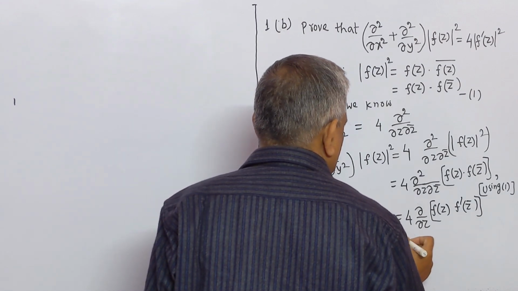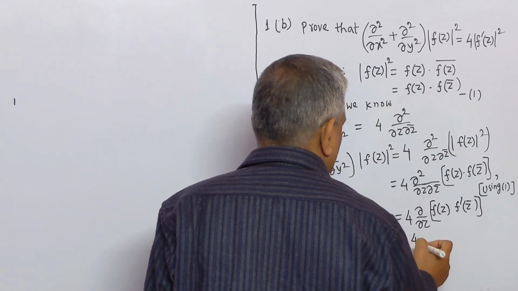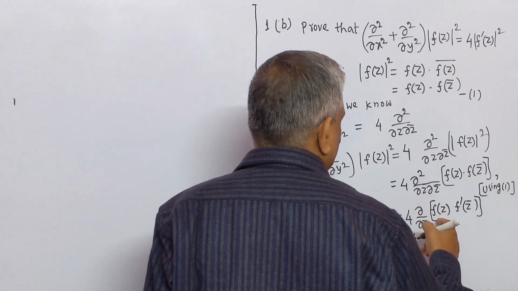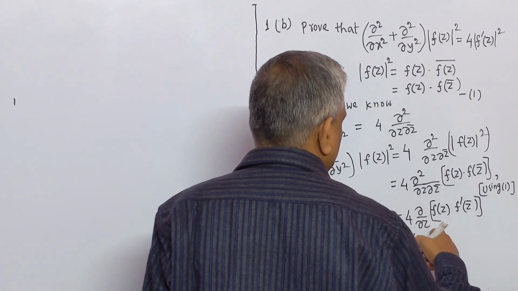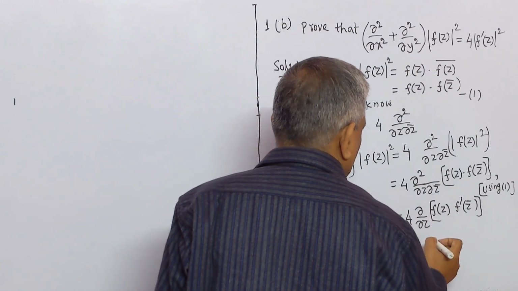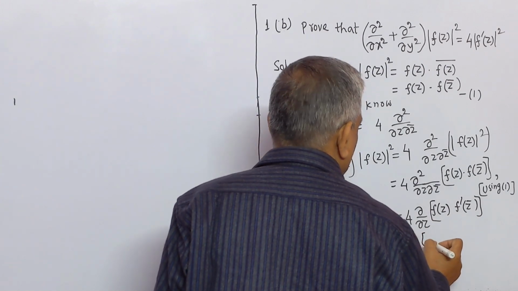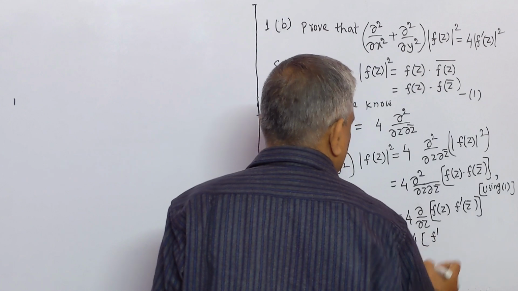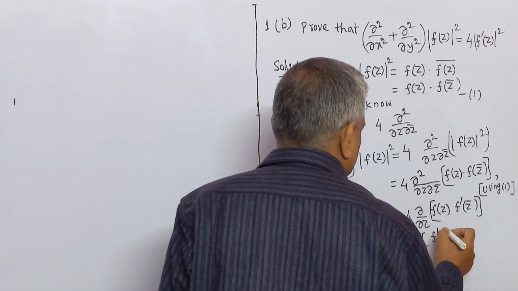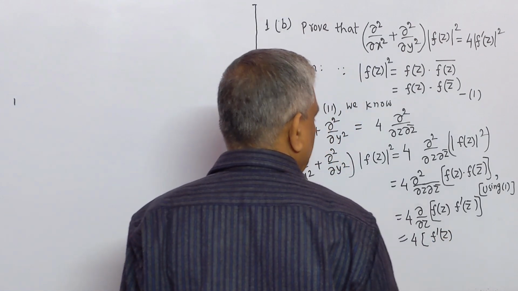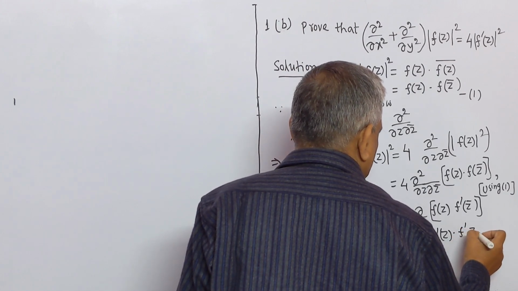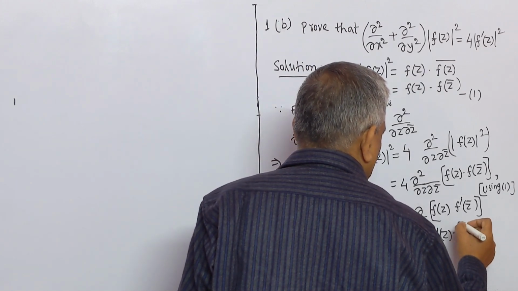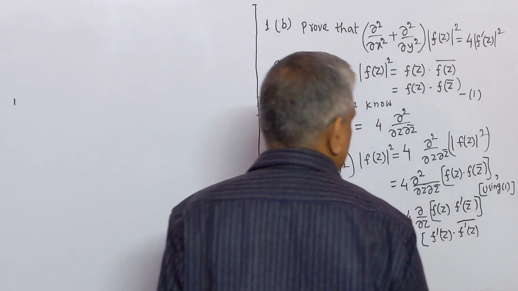And this will be equal to 4. Now we differentiate this with respect to z partially. So this will be 4 f prime z, derivative of f(z), multiply f prime, here we may write conjugate.